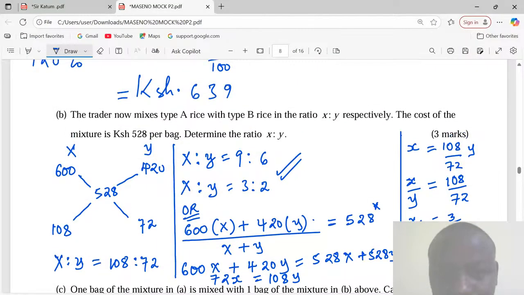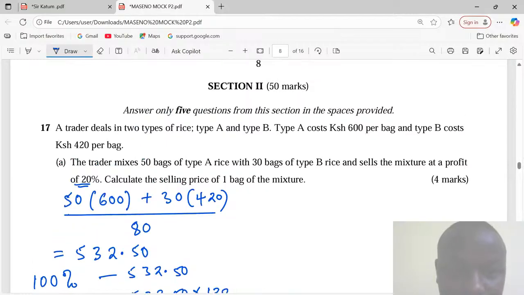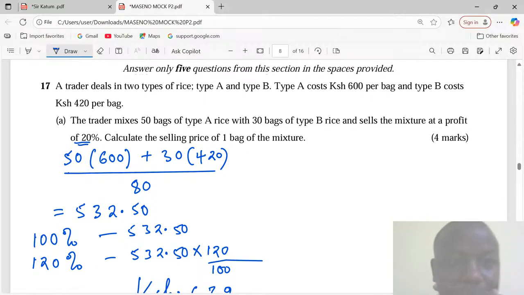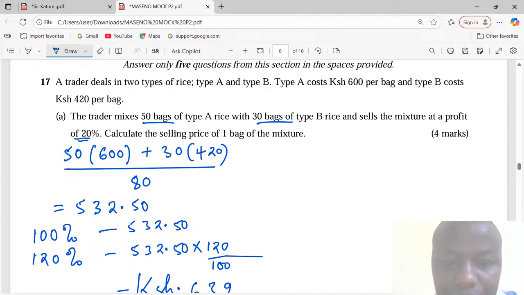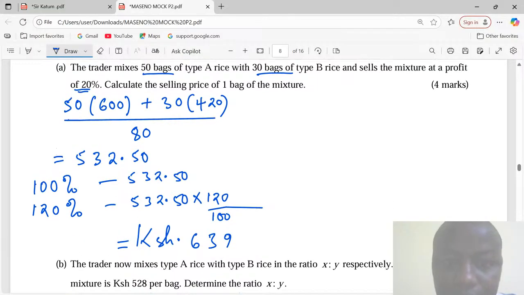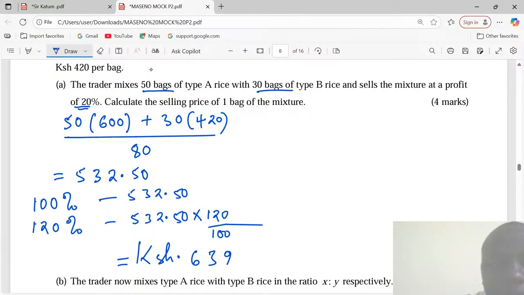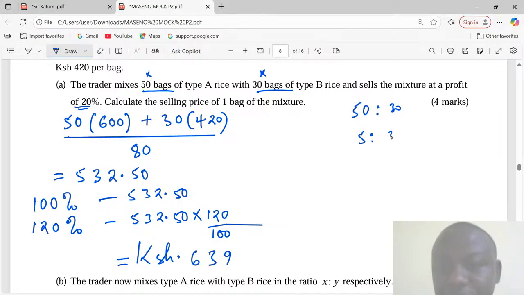Then let's look at the other one. We have two mixtures now, a mixture in part A, a mixture in part B. In part A, the trader mixes 50 bags of type A with 30 bags of type B. Therefore, we're supposed to know that 50 bags with 30 bags, if we simplify that ratio, then it means every 5 is going with 3.